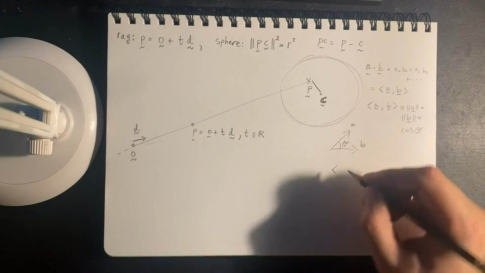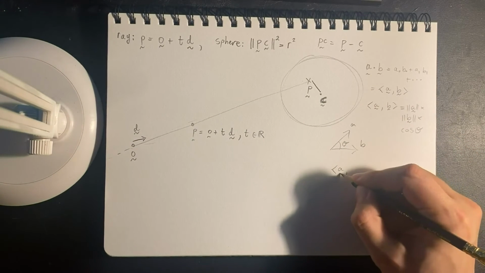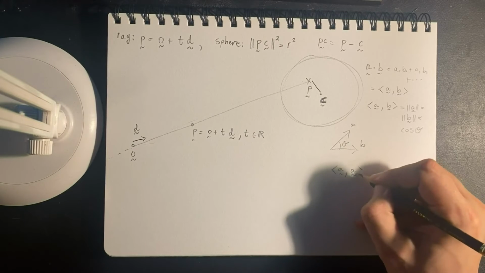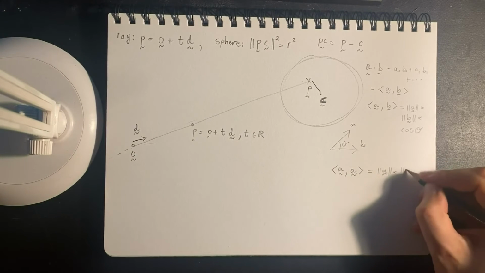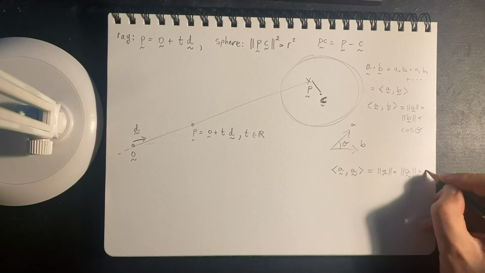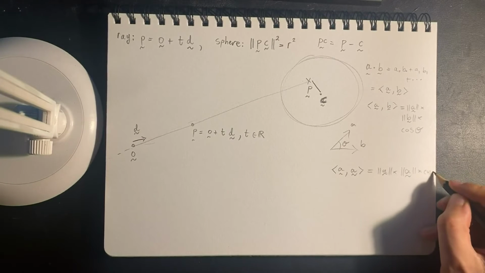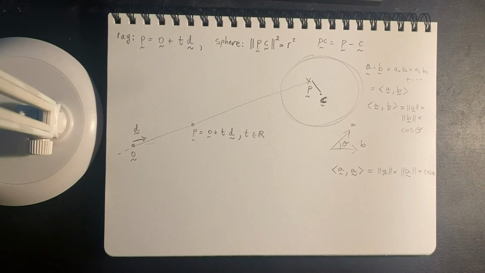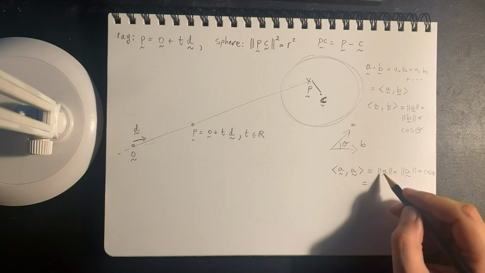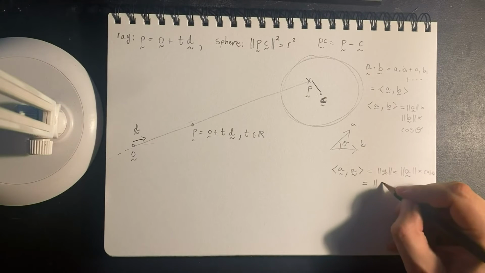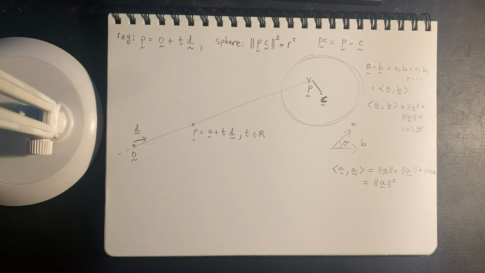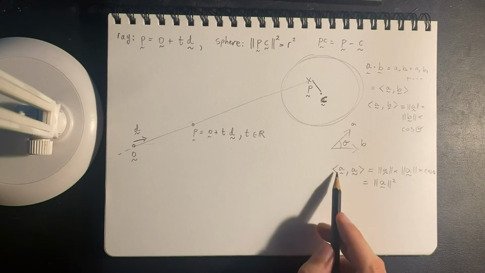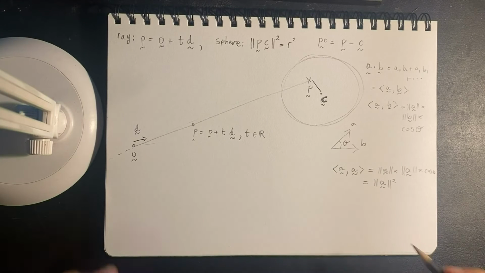Now a corollary of this is that the inner product of a vector with itself will be magnitude of A times magnitude of A times cosine of the angle between them, but if I'm measuring something against itself, the angle will be 0. Now cosine of 0 is 1, and any number times itself is the number squared. So the magnitude of a vector squared is given by its dot product with itself.